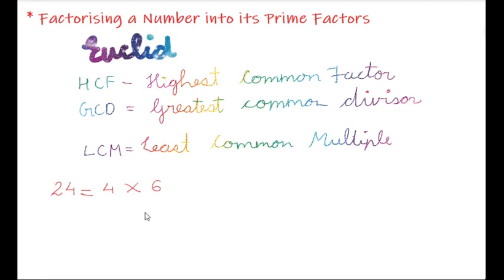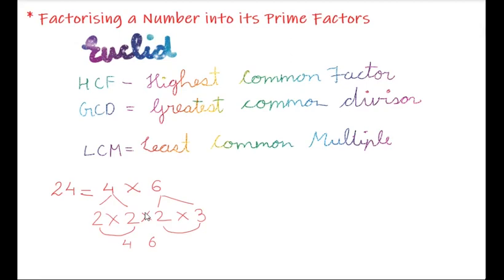Yes. 4 we get from 2 multiplied by 2. And 6 we get from 2 multiplied by 3. 2 2s are 4, 2 3s are 6, and 6 4s are 24.